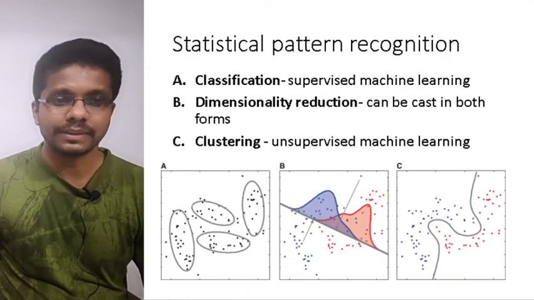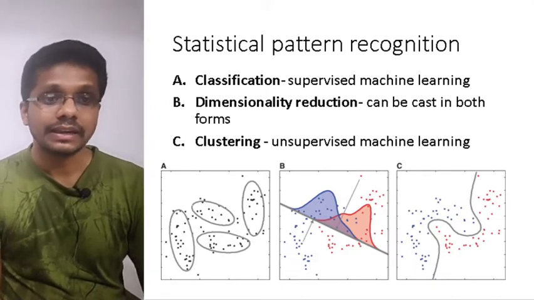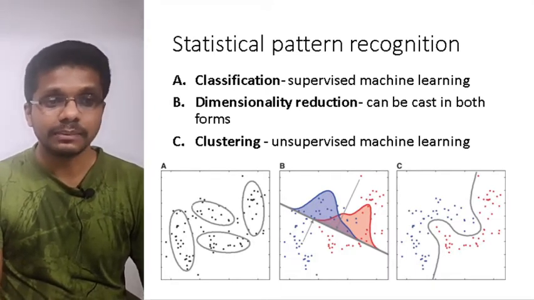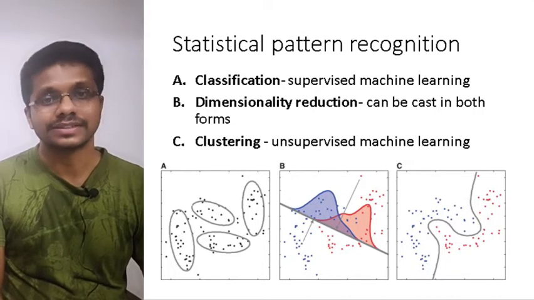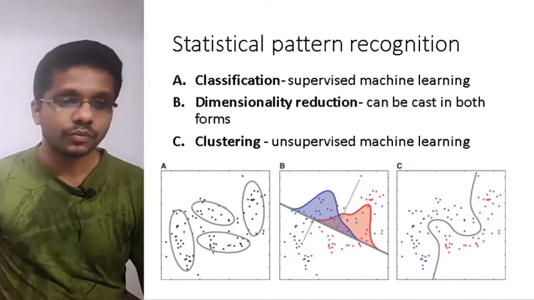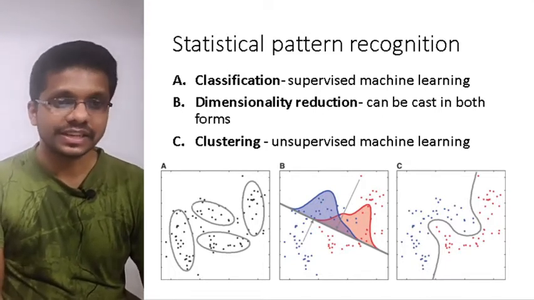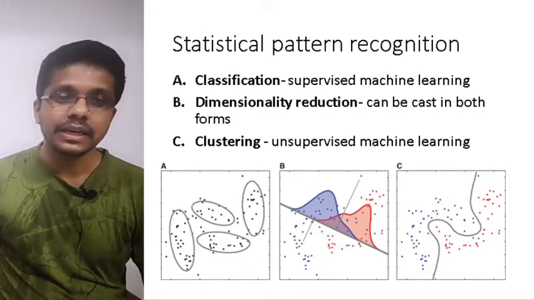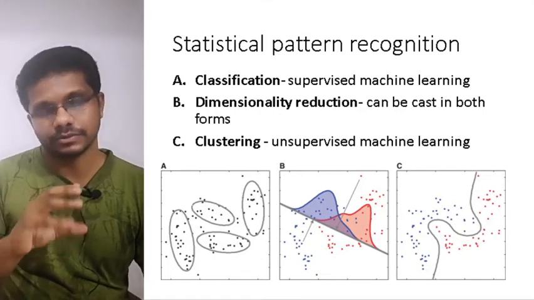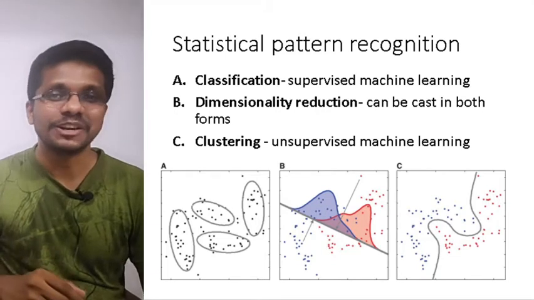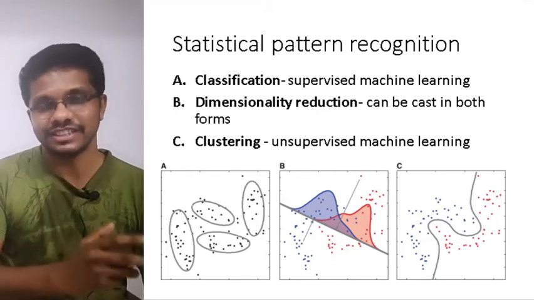There are different methods for pattern recognition, and here are the three major methods used in statistical pattern recognition. First one is classification. Classification is a supervised machine learning in which we are classifying the data based on some predefined features.